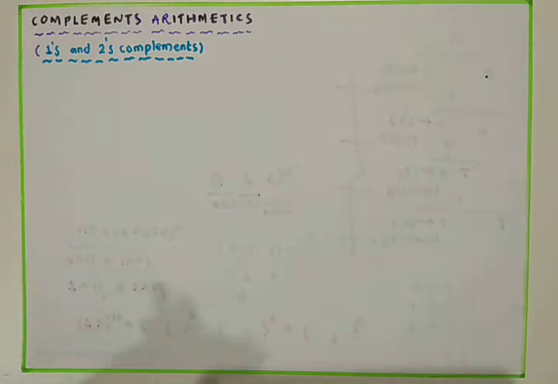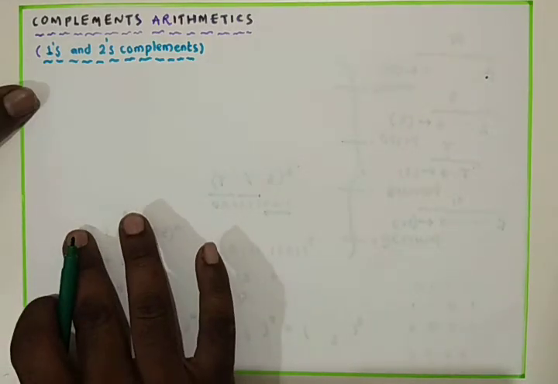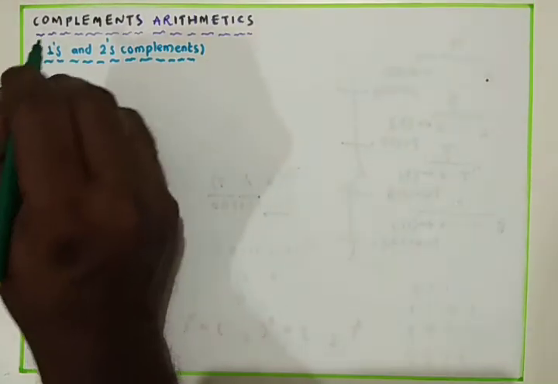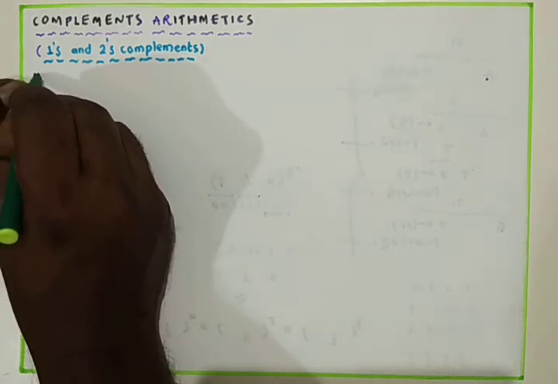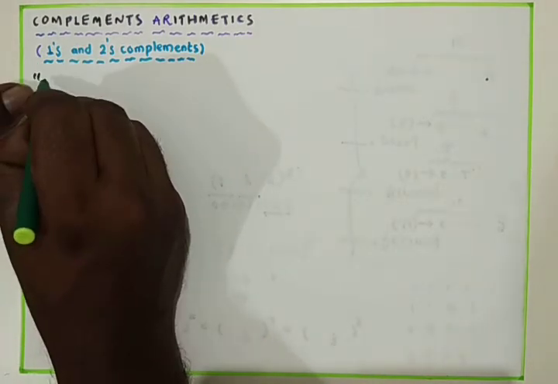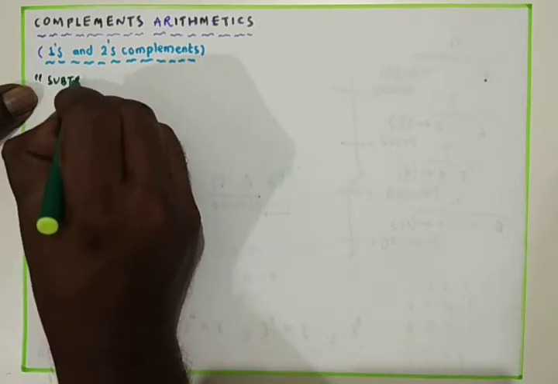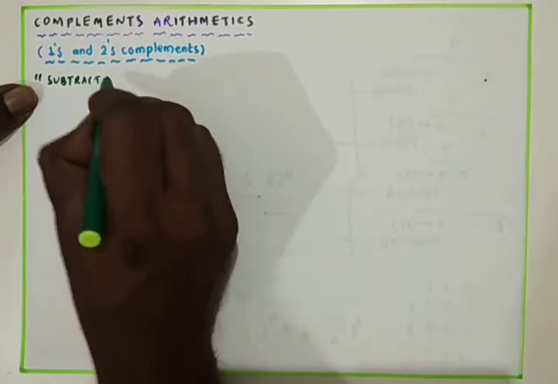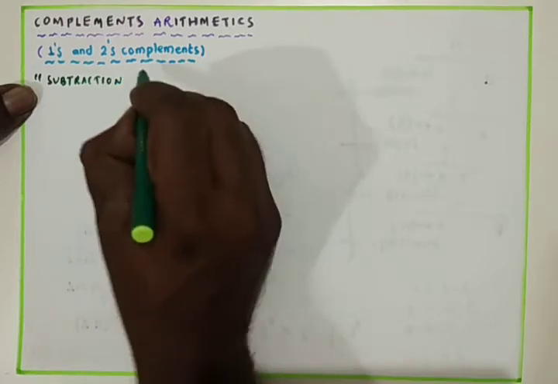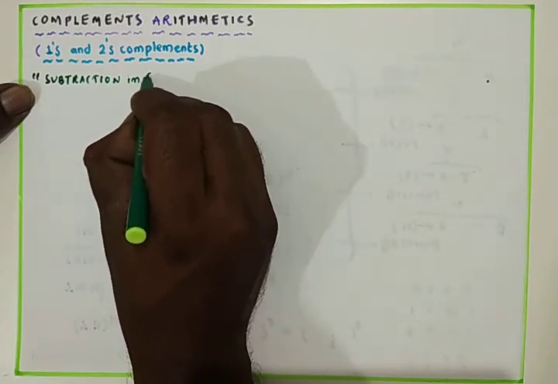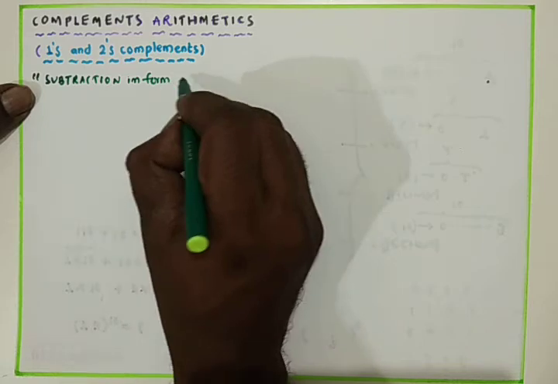So here the point is very clear: we have the ones and twos complement. These ones and twos complements can be used to perform subtraction in the form of addition.